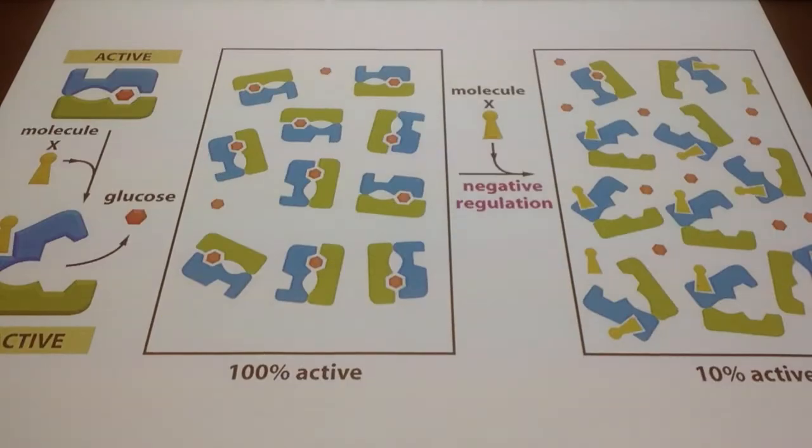The reverse is also true. So that green thing is an activator. That's how a protein is activated. How about a protein that is always active? You can turn it off by an inhibitor. Same idea: the activator and inhibitor, all they do is bind to the protein to cause a conformational change.